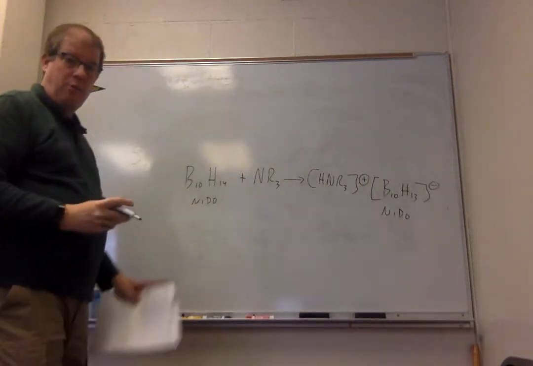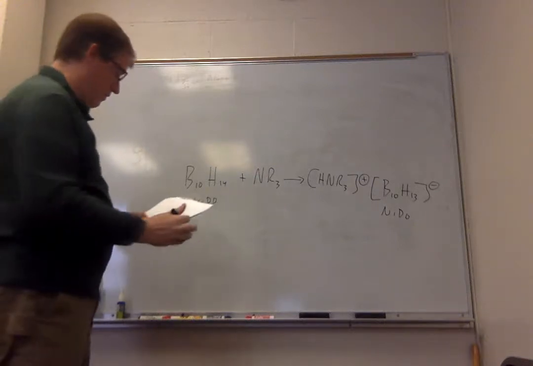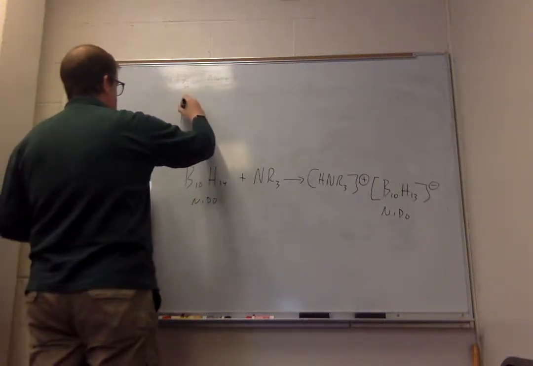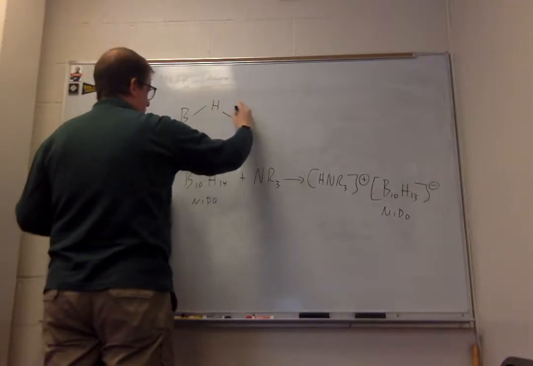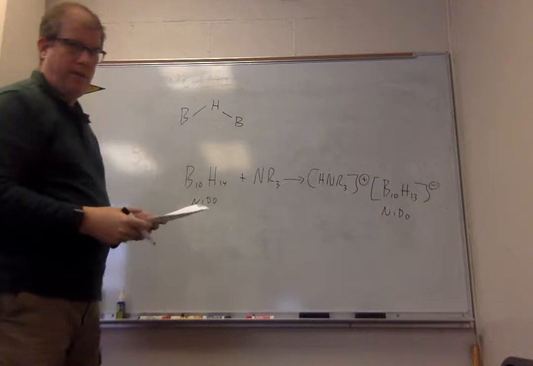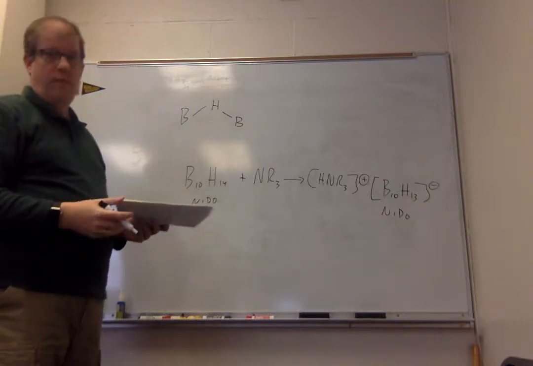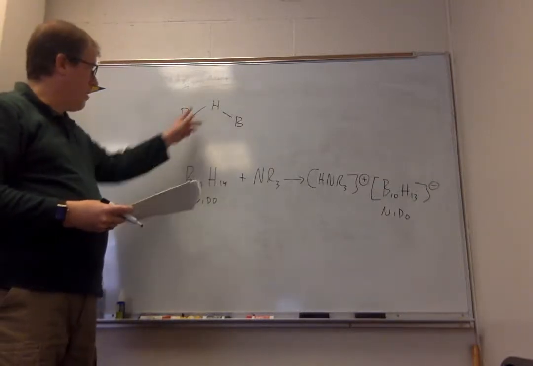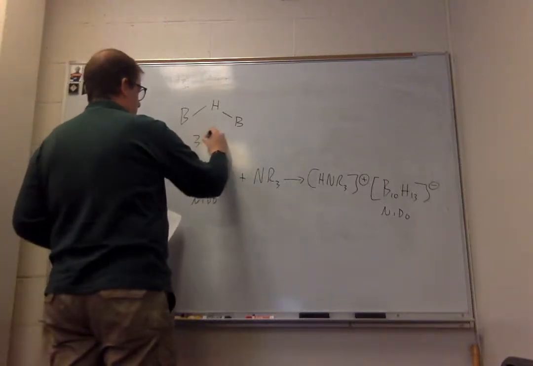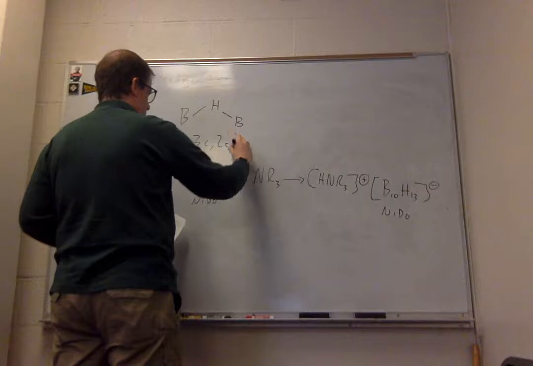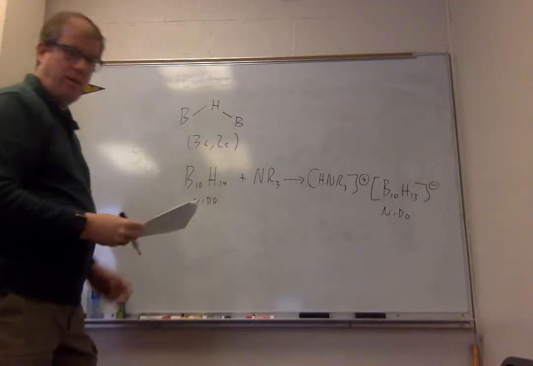If you look at the actual deprotonation, somewhere in our nido cluster we have one or more, usually more, BHB bonds. And these are 3-center 2-electron.